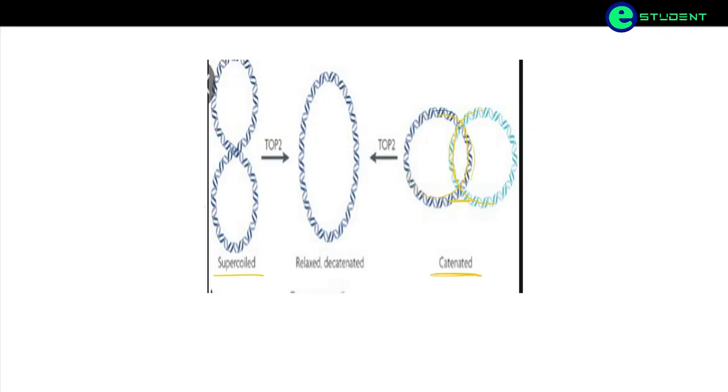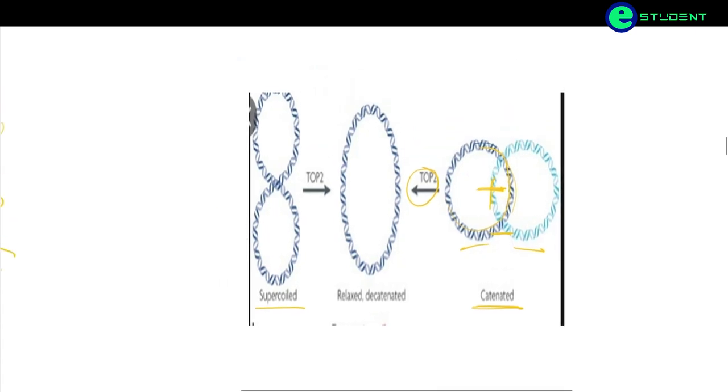To separate this catenated DNA and make it decatenated, topoisomerase 2 cuts the double-stranded DNA here, and the two get separated, and again re-annealing takes place at this place of the DNA.